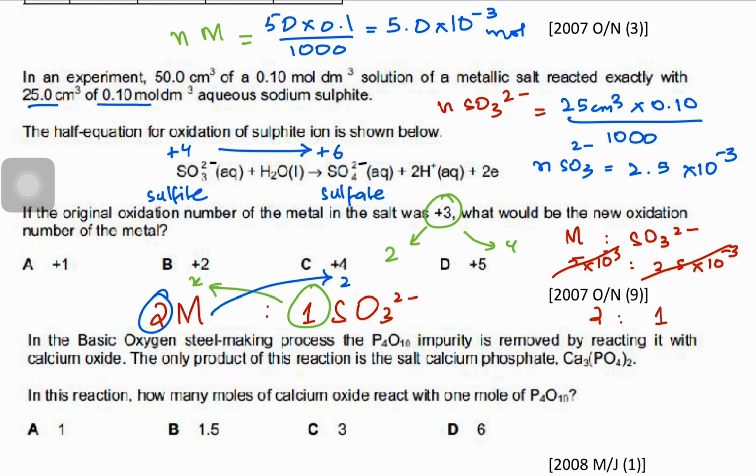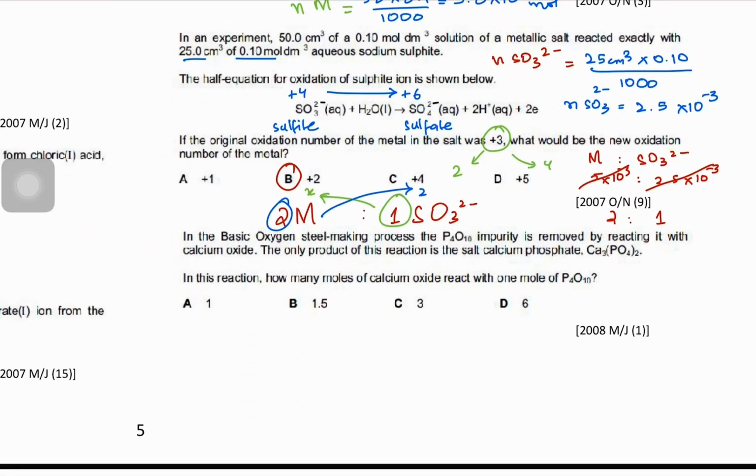So metal should be decreasing because two elements can't increase their oxidation number at the same time. So the metal oxidation number should decrease. So it goes from plus 3 to plus 2. I would really recommend you guys watching this portion of the MCQ part again if you had even the slightest doubt. Moving on.